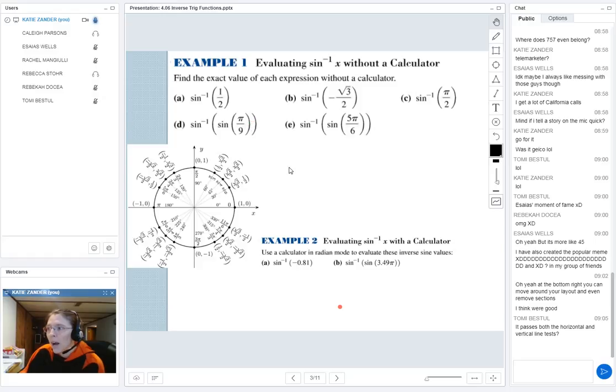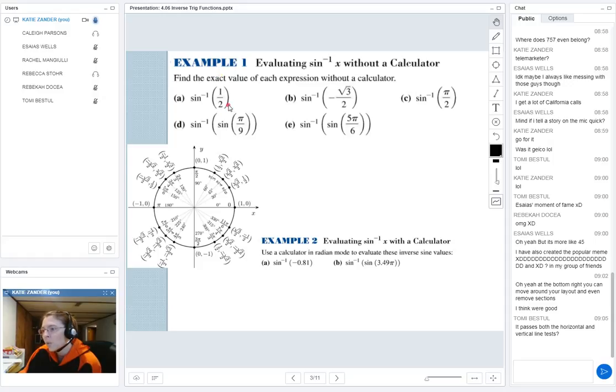So another reason why I told you that unit circle is your best friend, because when you have to calculate something without the calculator, you need to rely on that to get your answer. If the value that they're asking you to find inside parentheses does not appear on your unit circle, that's probably a good indicator that you can use your calculator then instead.